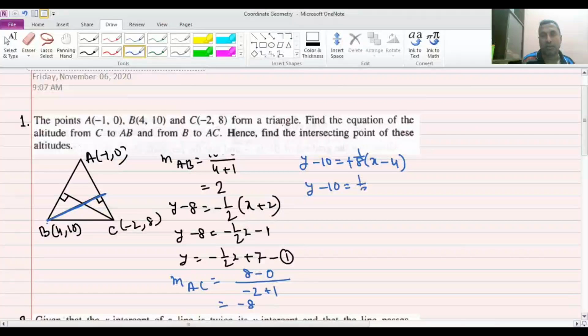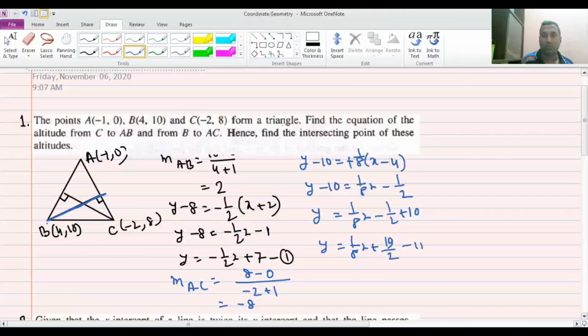Now let me simplify. y - 10 = 1/8 x - 1/2, so y = 1/8 x - 1/2 + 10, that is y = 1/8 x + 19/2. This is equation number 2.